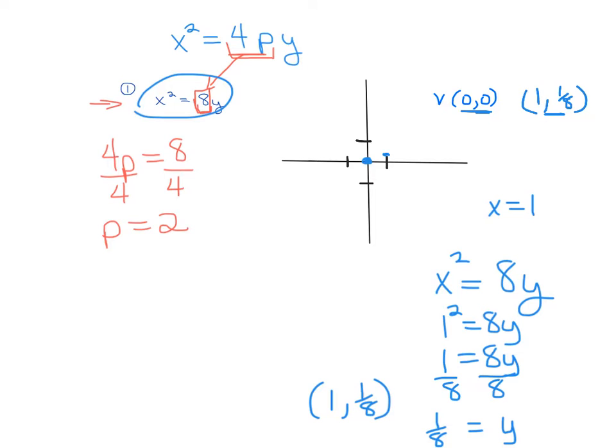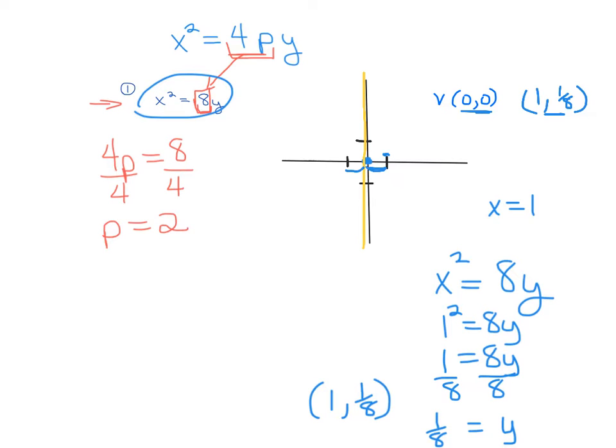Now, instead of plugging in -1 and doing the problem, remember that all of these parabolas are symmetrical. So I actually have an axis of symmetry that goes through the vertex. I could draw my line of symmetry here, and then without having to plug in another value, see how this is 1 unit away?